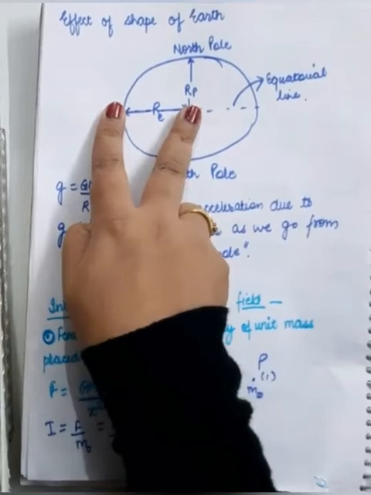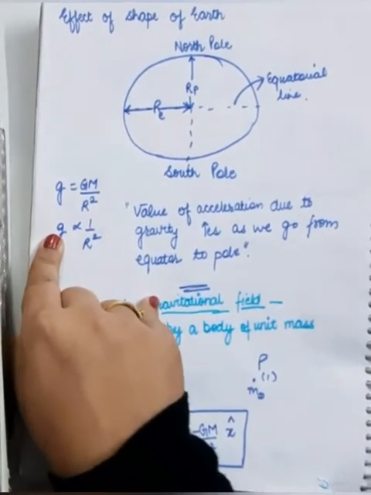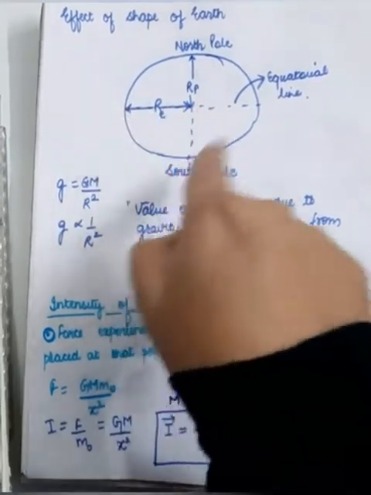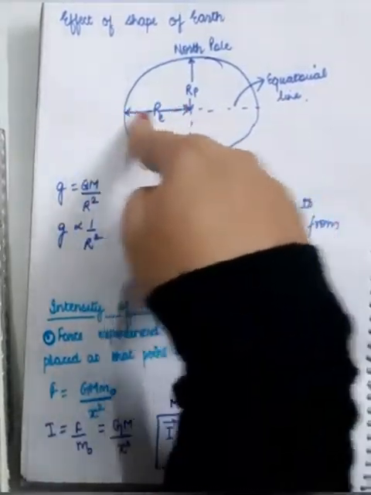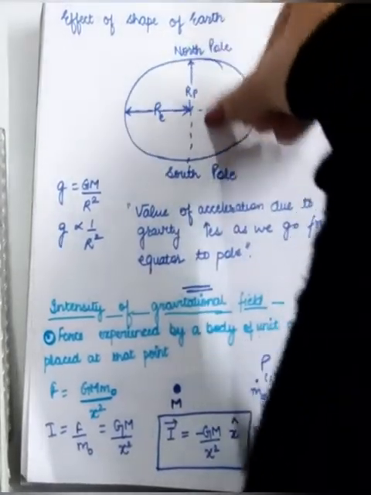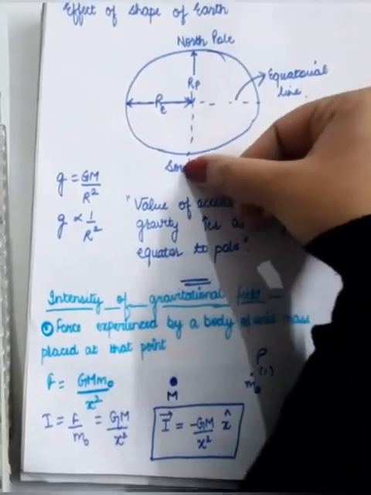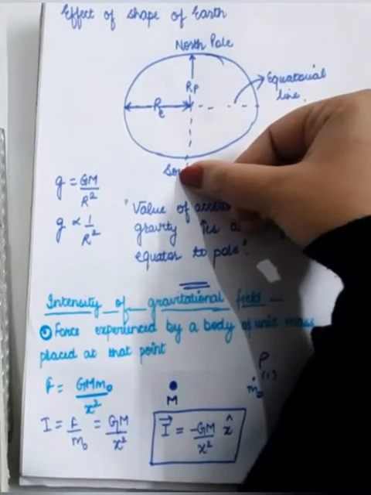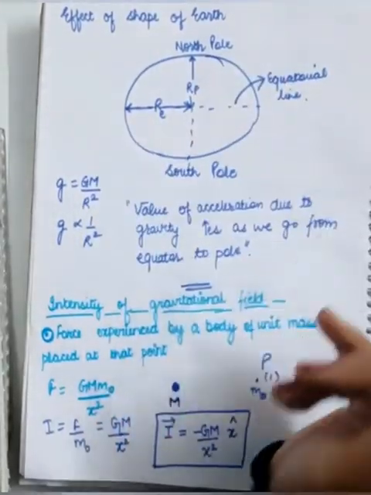So if the equatorial radius is larger, the value of g will be smaller there, because g is inversely proportional to the radius. So the equatorial radius is larger because of the elliptical nature of the earth, which means the value of g is less at the equator and more at the poles. So this is the effect of shape of earth. Earth is not perfectly spherical; rather, it is flattened at the poles, and that is why we get this result.